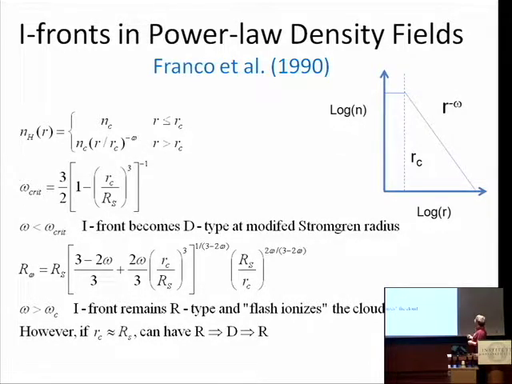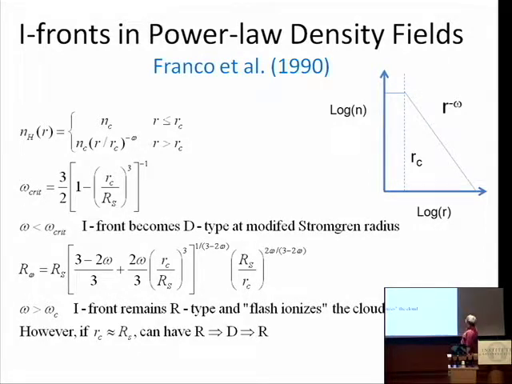Franco considered what would happen if you had a density profile like this with a core and then a power law fall off in density. And he found that there was a critical slope, omega sub crit, given by this formula, and in the limit where the core radius is small compared to the Stromgren radius, you can forget this term, so it's basically 3/2.